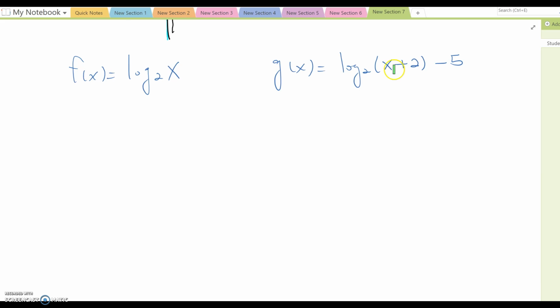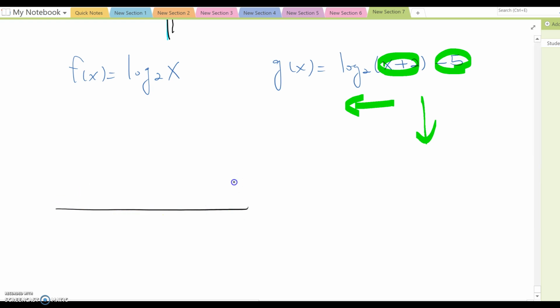Especially this is plus 2, so moving left 2 units, and then this one is moving down 5 units. So the original graph is this graph, and that's the known point (1, 0) here.